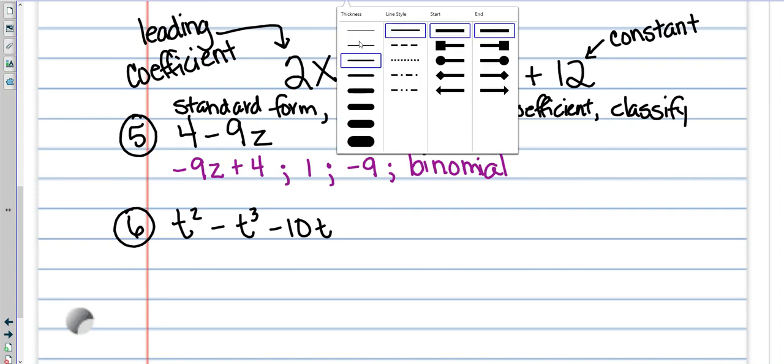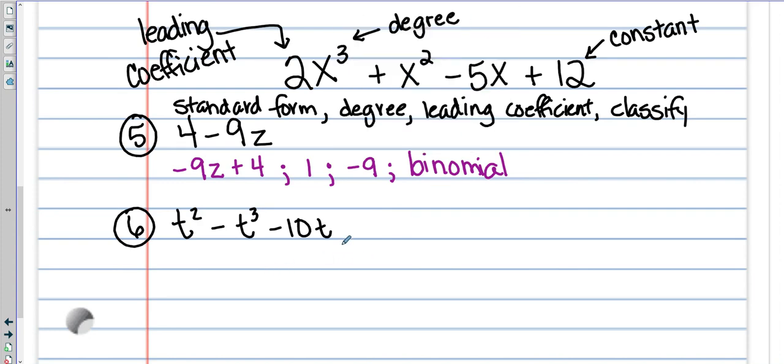So let's do that. Okay, so which one do you think would go first? So the negative t to the third power goes first. Next would be t to the second. So it's a positive, so we're going to say plus t to the second. And then the last one is going to be minus 10t. Okay.